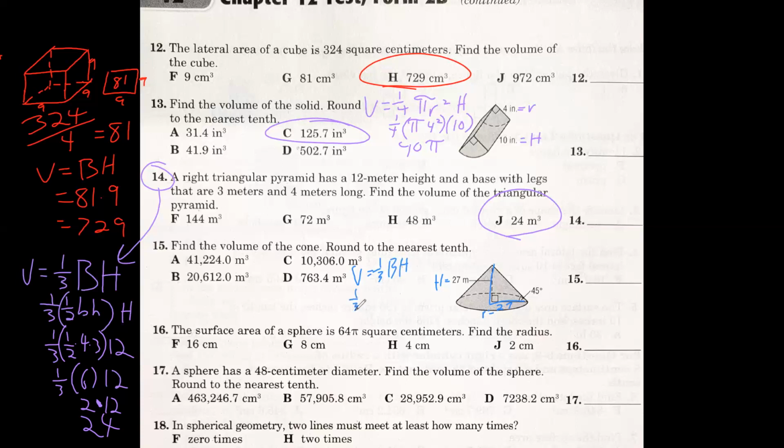Well, 1/3 base area here, again in the circle, 27 squared, times our height, 27. 27 squared, that's also 729. Let's do 1/3 of 27. 1/3 of 27 is going to give us 9.